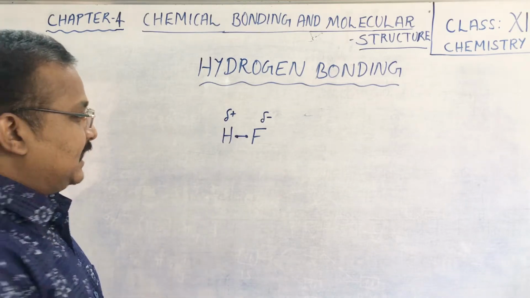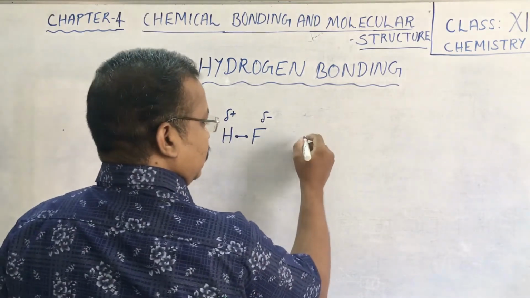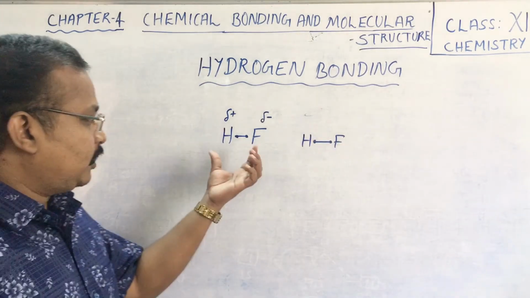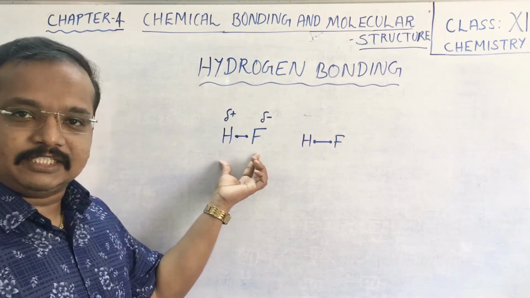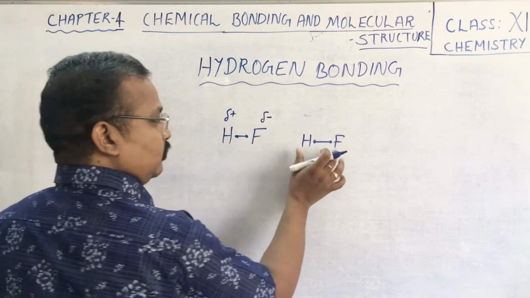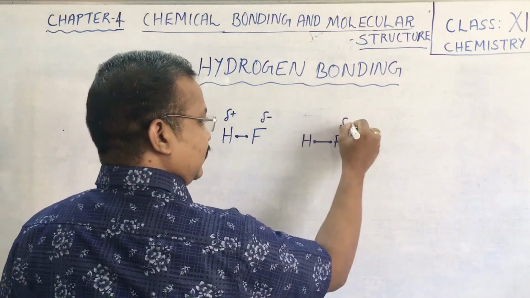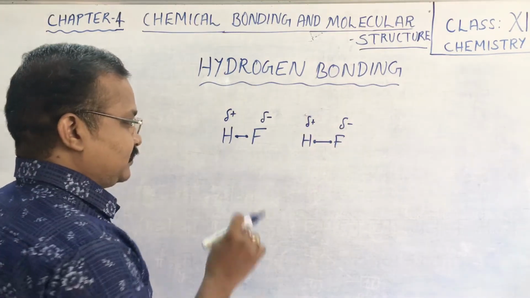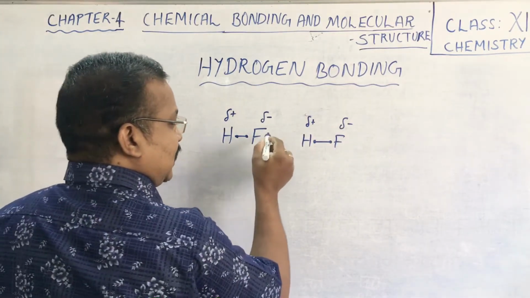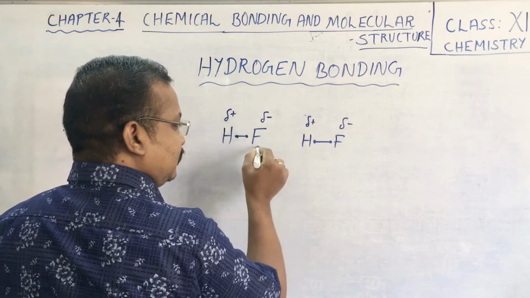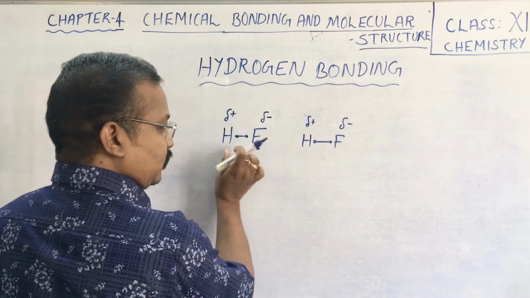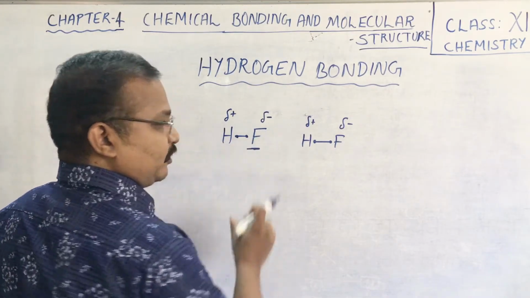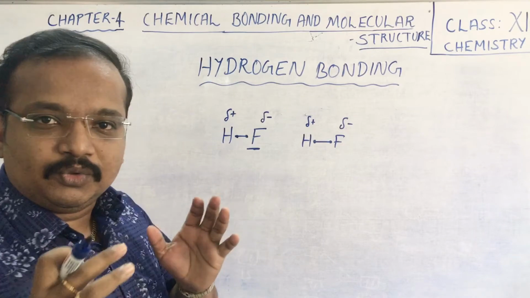So in these cases, when we consider 2-3 molecules, this is one molecule of hydrogen fluoride, and this is another molecule of hydrogen fluoride, which also has delta negative and delta positive due to the difference in electronegativities. Now what happens, this delta negative fluorine atom has already pulled the shared pair of electrons to itself.